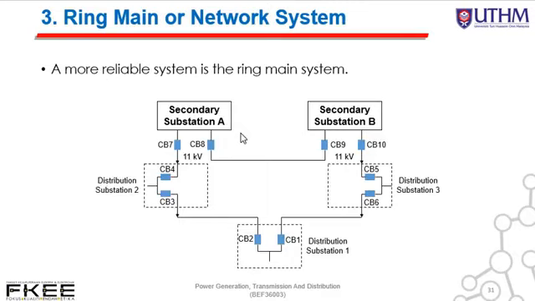Compared to the remaining two types of topology, the ring main or network system is a more reliable system and it gives better voltage regulation and less feeder losses.